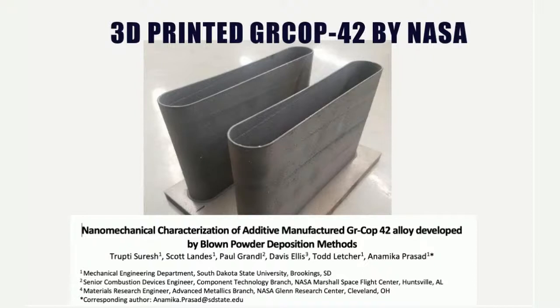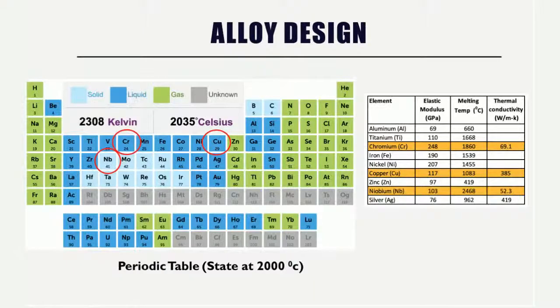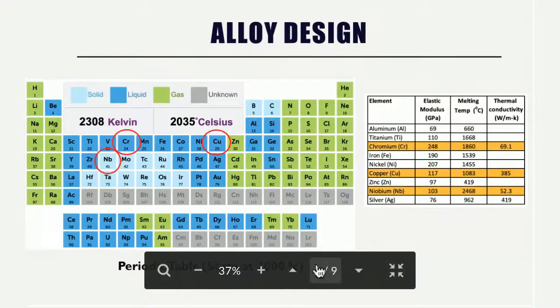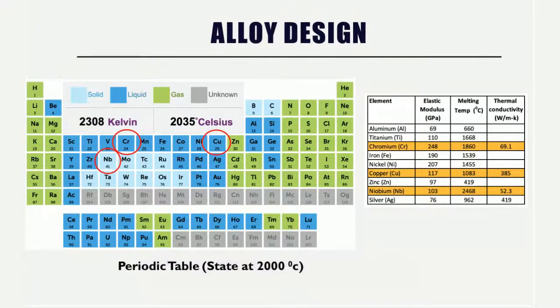So we are interested to analyze this material. In the lesson plan, there's a lot of talk about alloy design, so I thought it would be a good idea to connect with that. In one of the images, a periodic table is drawn for a temperature of 2000 degrees centigrade. That shows which materials are in a solid state and which in a liquid state. Many metals at that high temperature become liquid.